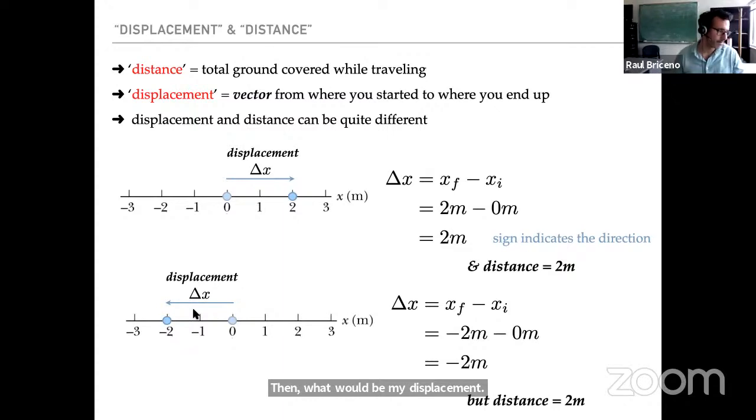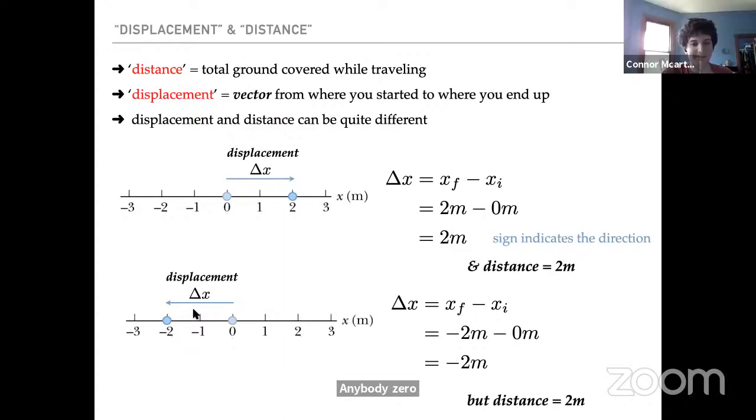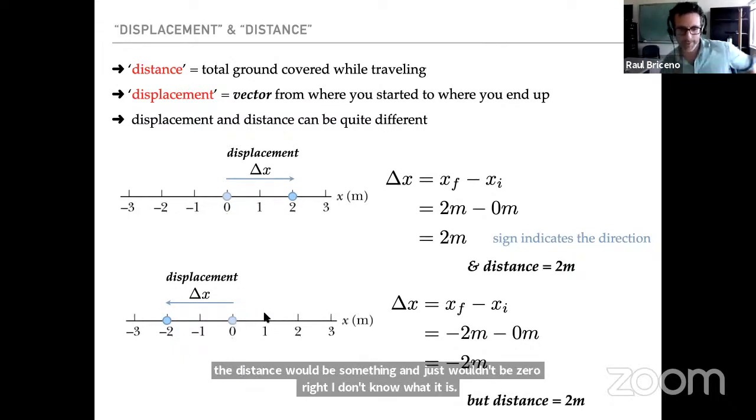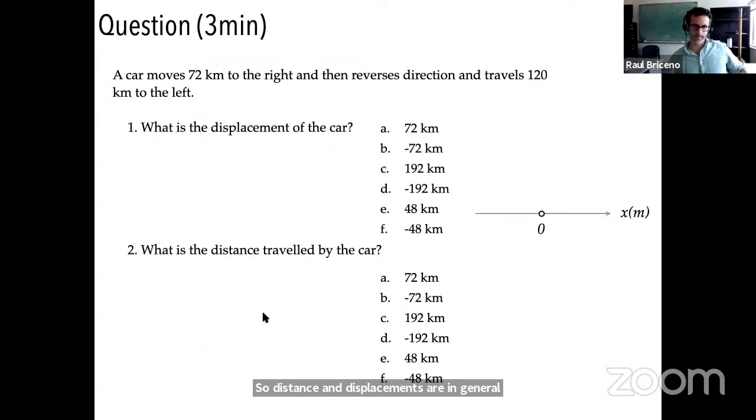Anybody? 0. Anonymous got it right. What about my distance? Is it 0? Not 0? Yeah, the distance would be something. It just wouldn't be 0. I don't know what it is. So distance and displacement are in general very different. Displacement is a vector, distance is not.